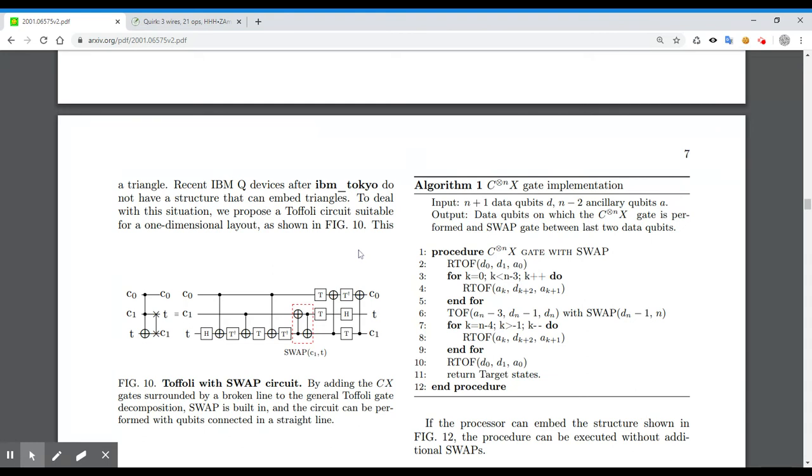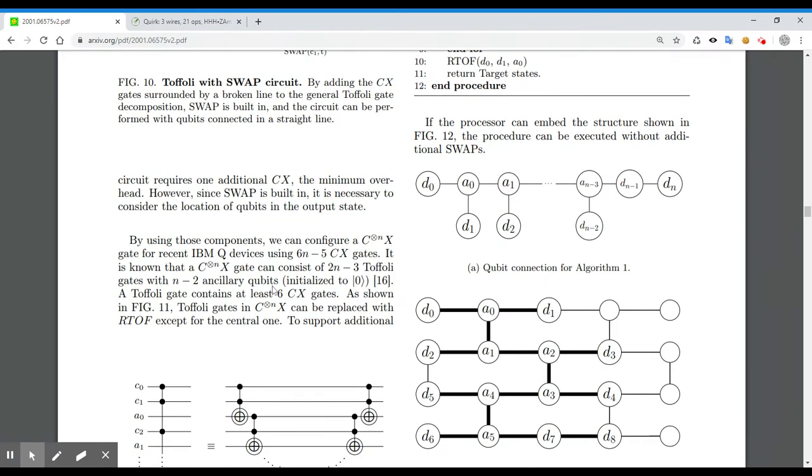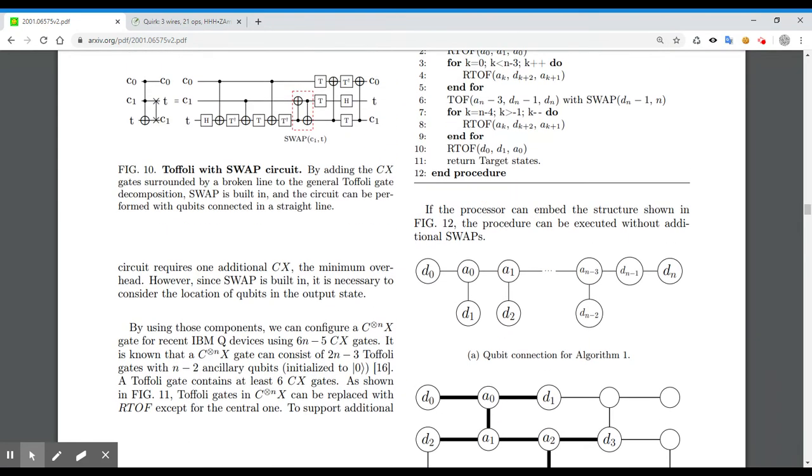To deal with this situation, we propose a Toffoli circuit suitable for a one-dimensional layout that is shown in figure 10. The circuit requires one additional control X gate. However, since swap is built in, it is necessary to consider the location of qubits in the output state.